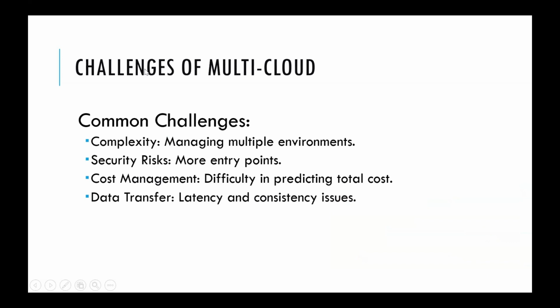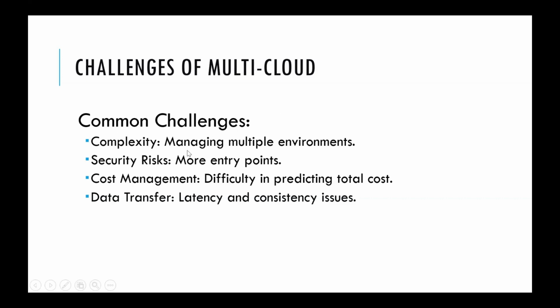Now we discussed the advantages and features we get in multi-cloud, but let's see some of the challenges. These are some of the common challenges we face when we use the multi-cloud architecture. The first one is complexity. This is very complex and requires skilled professionals to manage the environments.